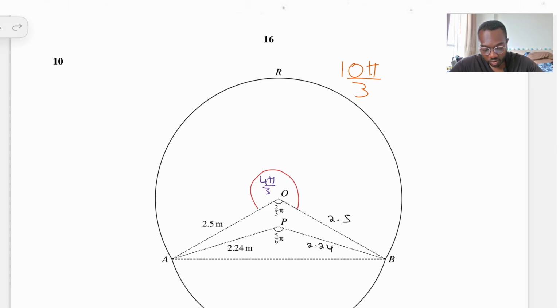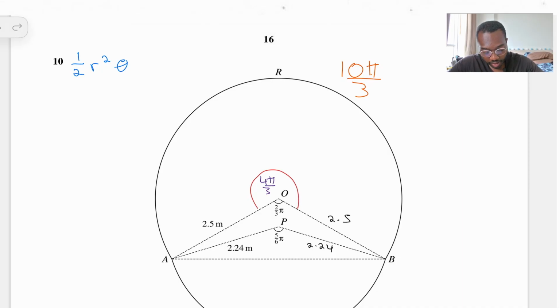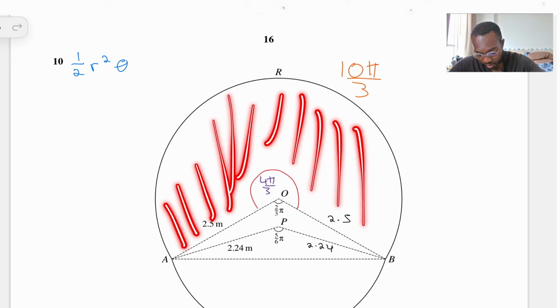And we know the equation for the area of an arc. We know that it would be a half r squared theta. So that's what we're going to do. We're going to work that out, and we can do that for our OARB. So we can work out the area of this arc here.